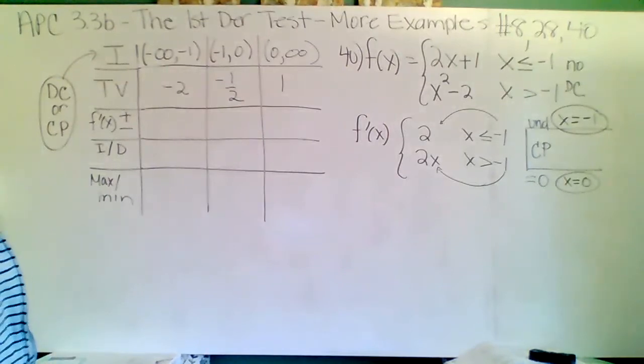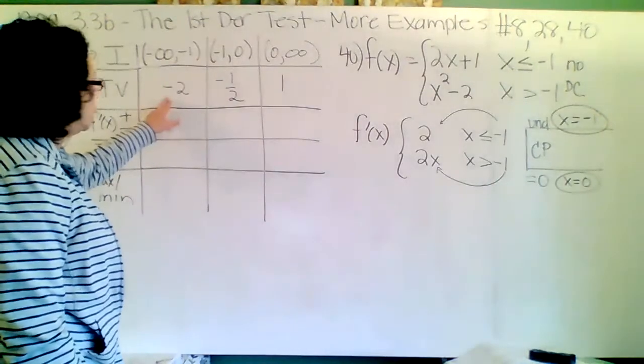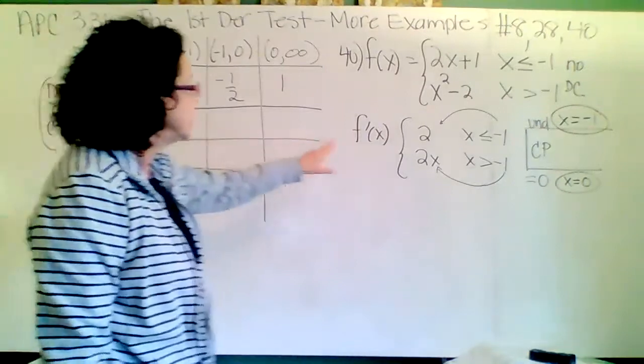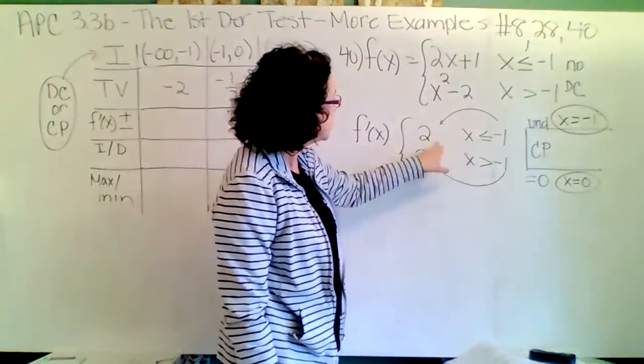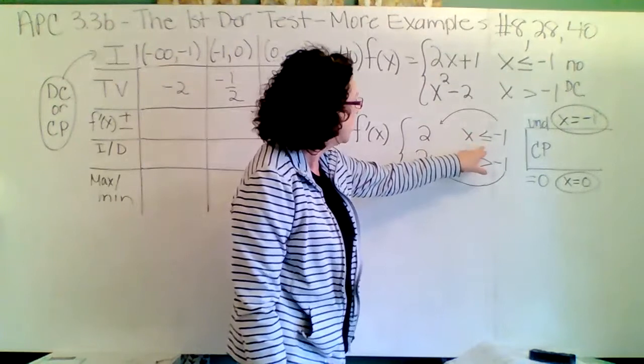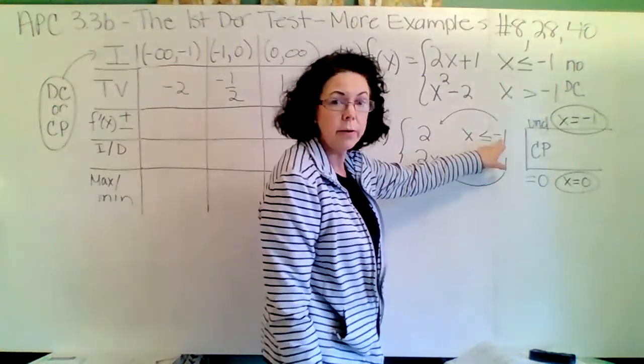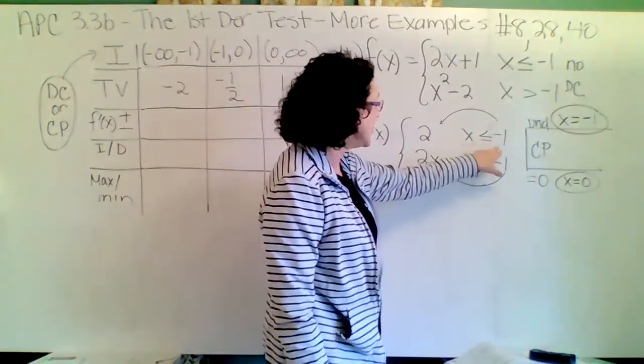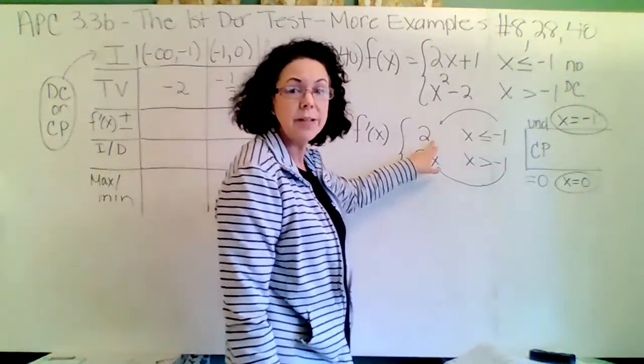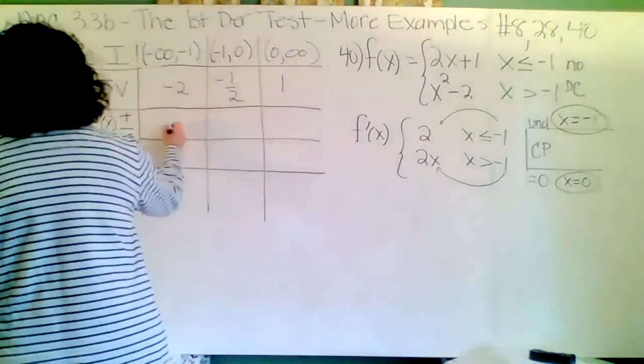Now when x is -2, this is the derivative that is happening, the derivative for x less than or equal to -1. And -2 is less than -1, so the derivative is positive. It's always a 2.